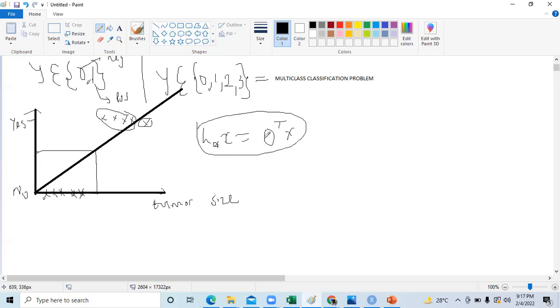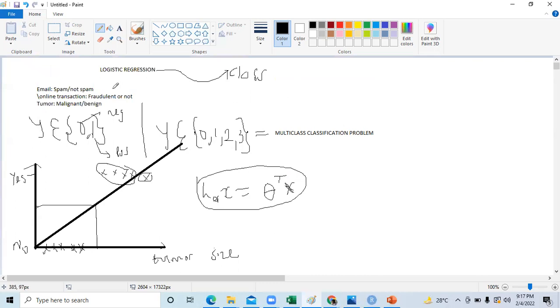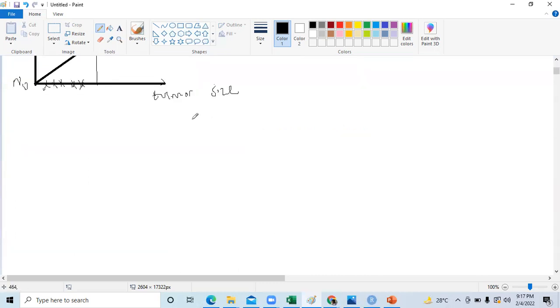So it's a transpose of our theta and our feature variable, our input variable, right? But if you want to make a prediction with logistic regression, what we need to do is to put a threshold classifier output, right? This is what I mean by a threshold classifier output.